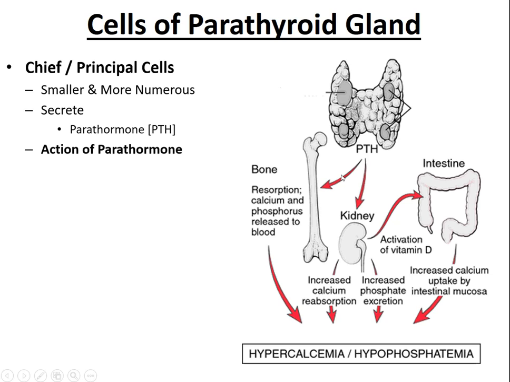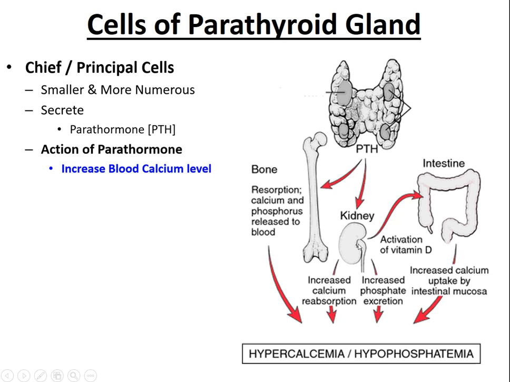And what is the action of parathormone? It increases the blood calcium level. How does it increase? In blood there is less calcium, so we have to increase it. Calcium is more in bone, so it removes the calcium from the bone, which leads to bone resorption, so the bone is more fragile.